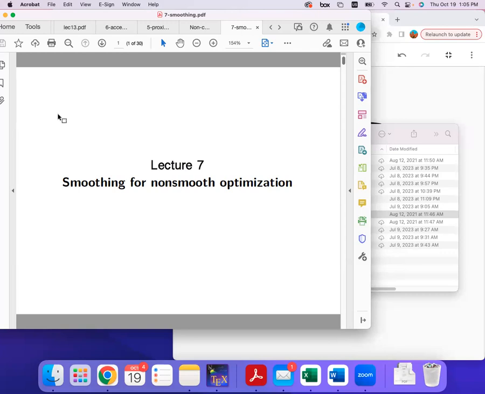So this lecture is focusing on the technique called smoothing. The idea is very simple. If a function is not smooth, can we smooth it and then solve it as a smooth optimization problem?